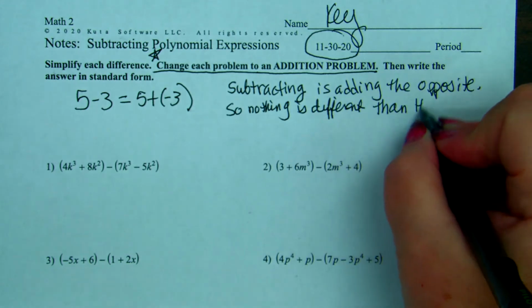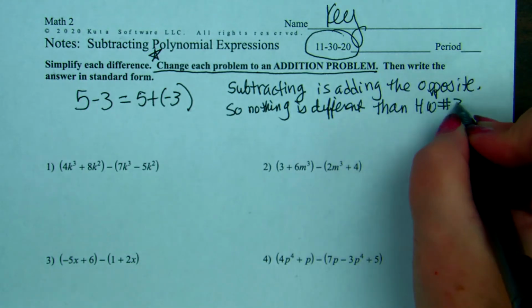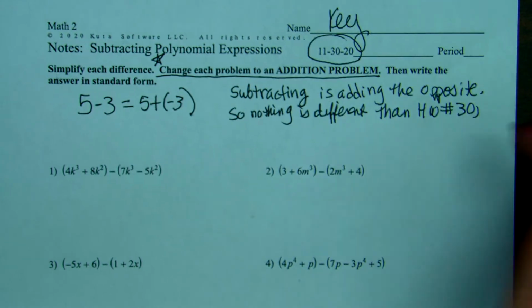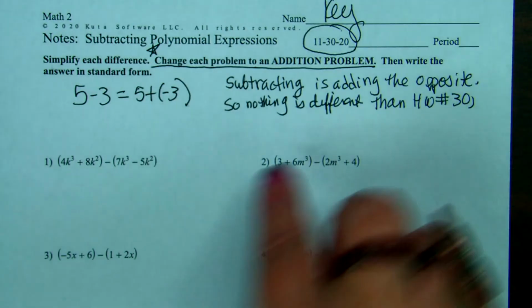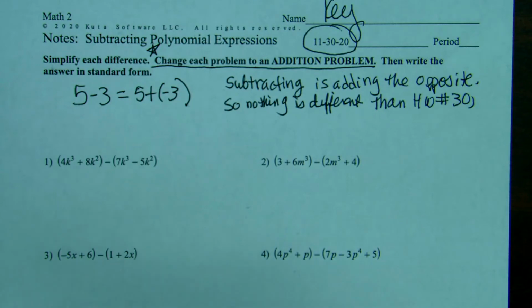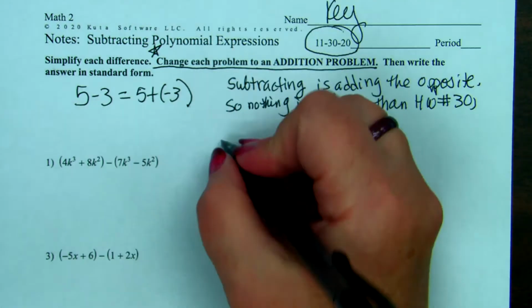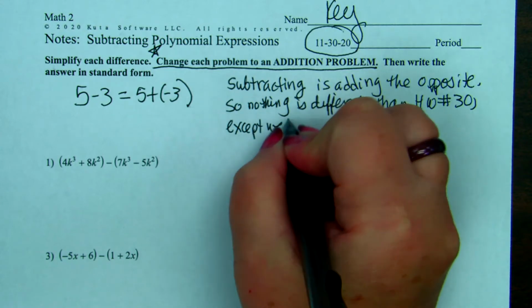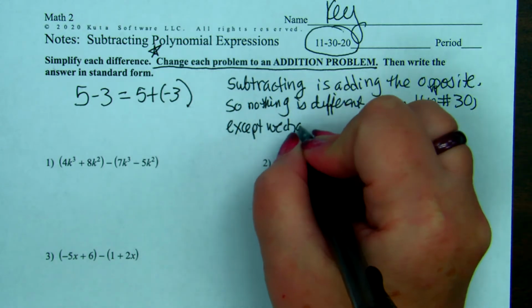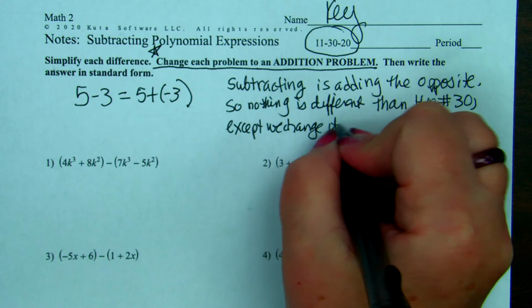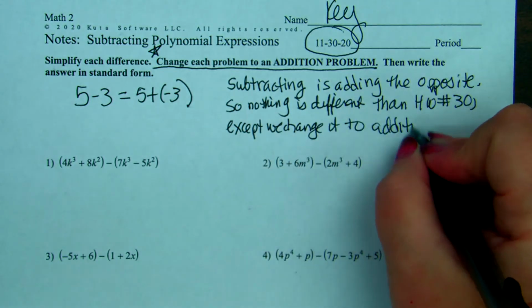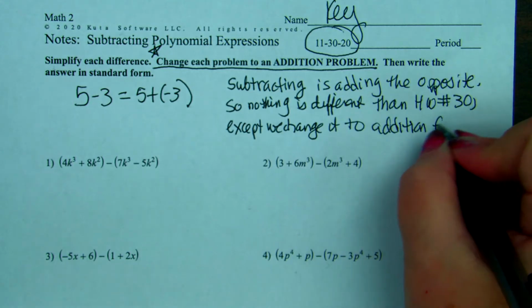than homework number 30, which is the one that I assigned right before vacation. Homework number 30, it's due either Tuesday or Wednesday, tomorrow or Wednesday, depending on what class you're in, except we change it to addition first.